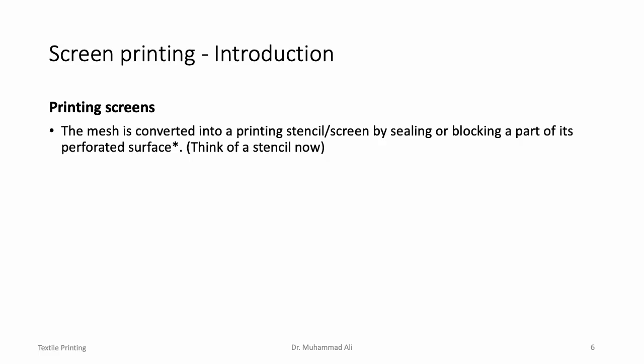The stencil is a sheet of plastic and only the letters are opened in that sheet and you can trace that opening. More or less in a similar manner, if we block certain parts of the mesh and leave certain parts open, then it is converted into what we call a printing screen or a printing stencil.